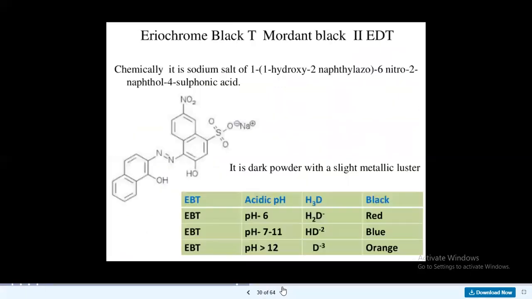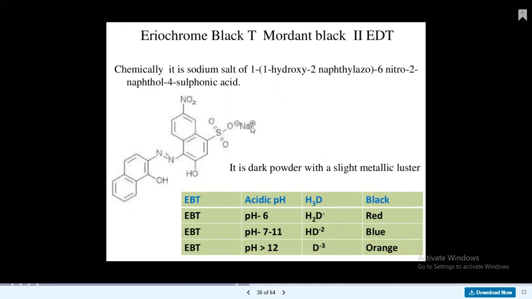These are the different types of indicators. Here mostly Eriochrome Black T. You must know its name: 1-(1-hydroxy-2-naphthylazo)-6-nitro-2-naphthol-4-sulfonic acid. Two benzene rings joined together are called the naphthalene ring.